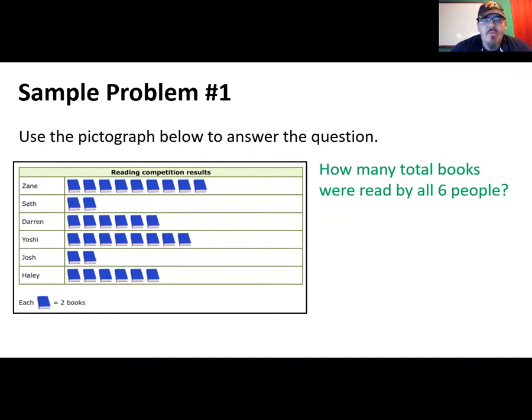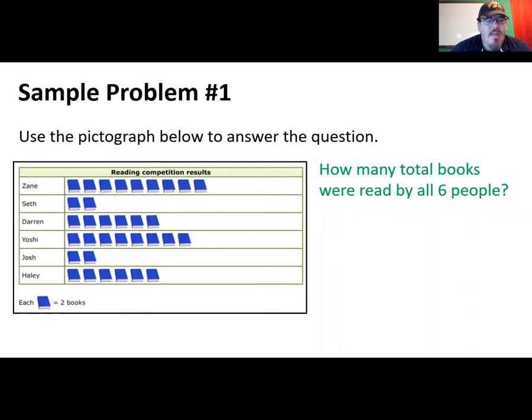In this situation, we are looking at the number of books that each person read. The key thing with a pictograph is to look at the key or the legend down at the bottom in this case, and it indicates what each icon represents. So in this case, each book that appears is equal to 2 books that the person read.